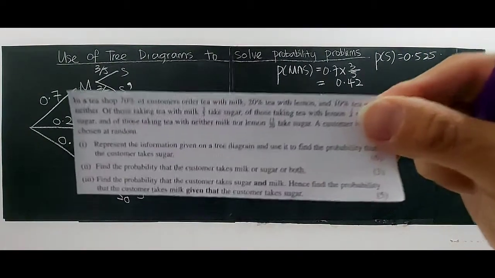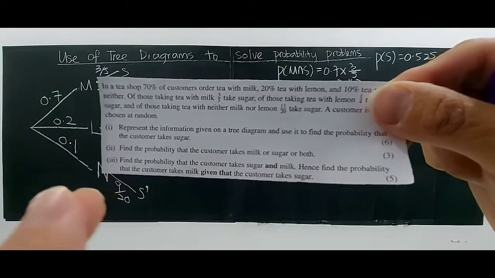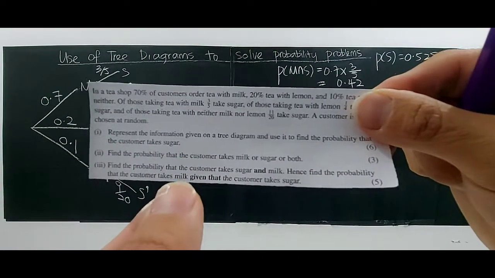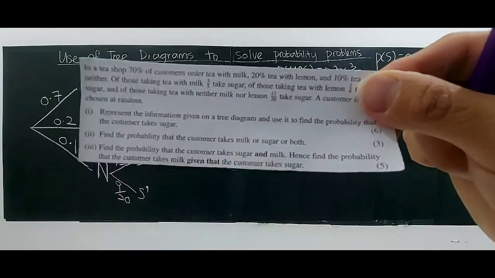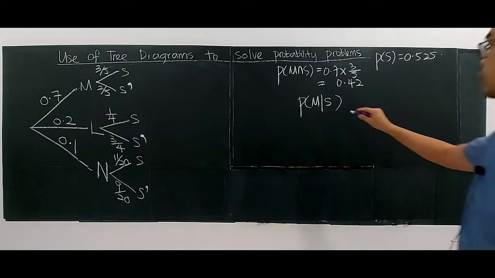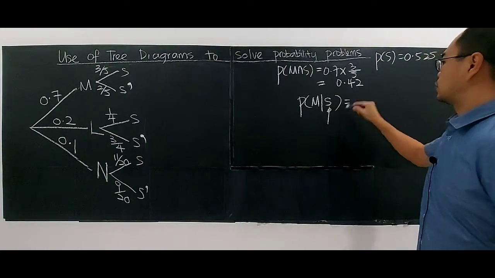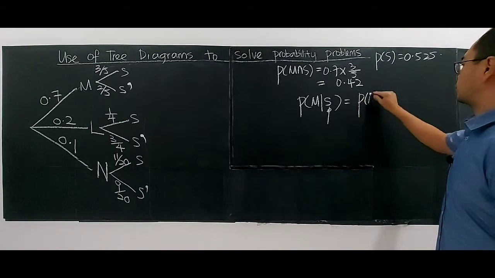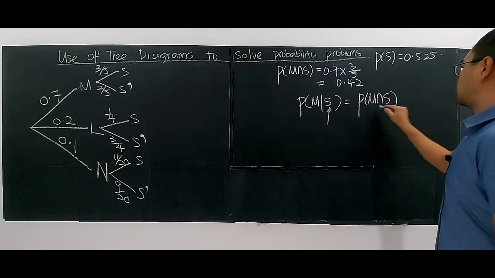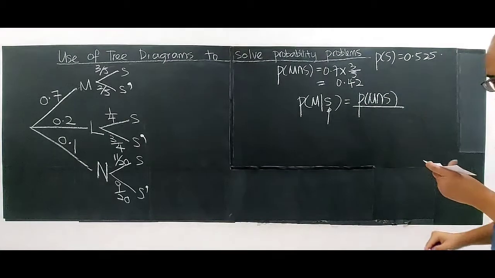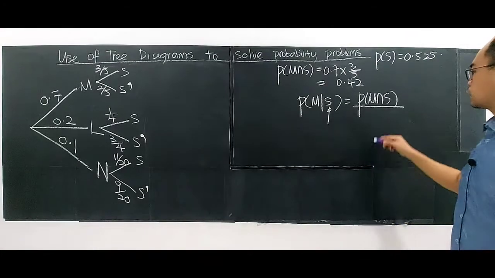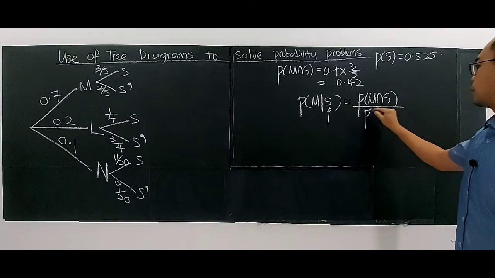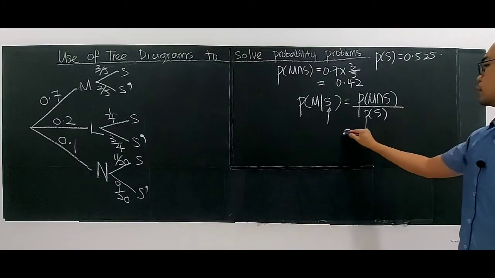As you know, this is based on the formula: probability of taking sugar and milk, divided by the probability of taking sugar, right?